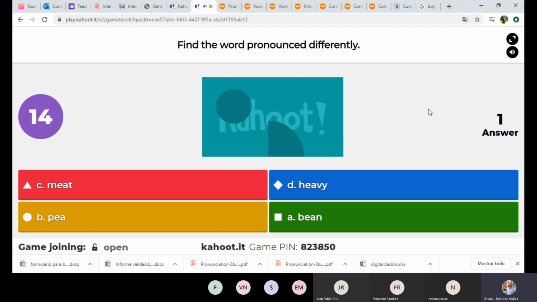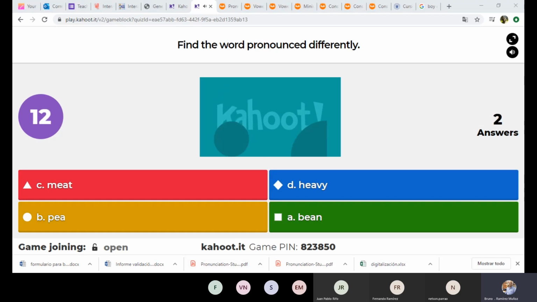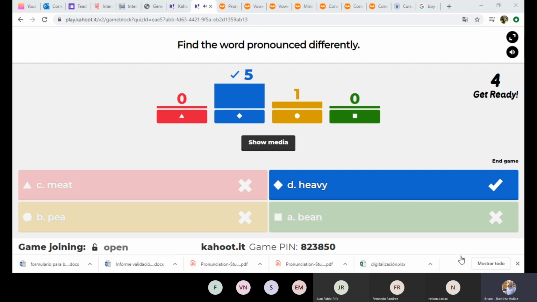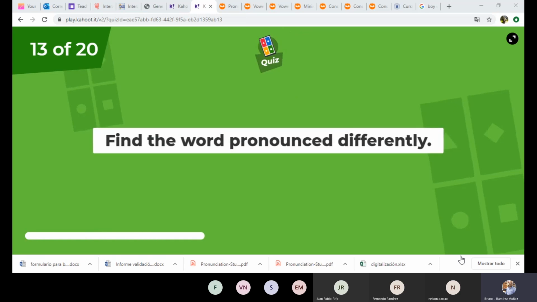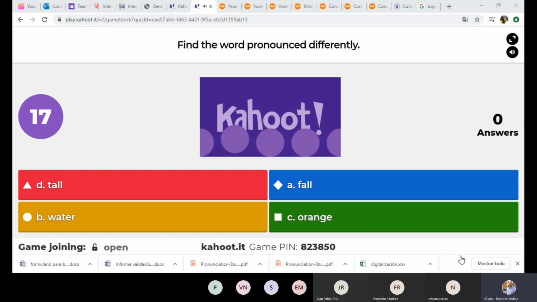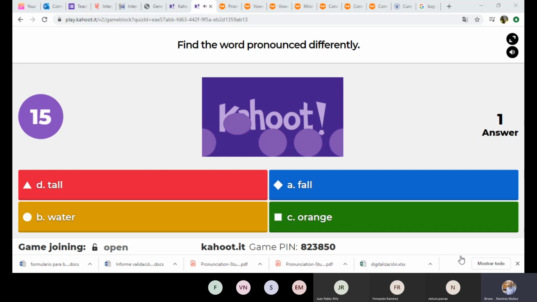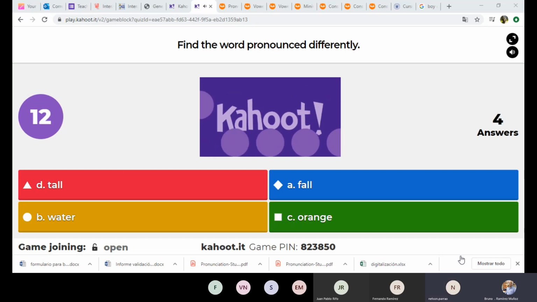Which word is pronounced differently? Give me the color. Blue. Green.